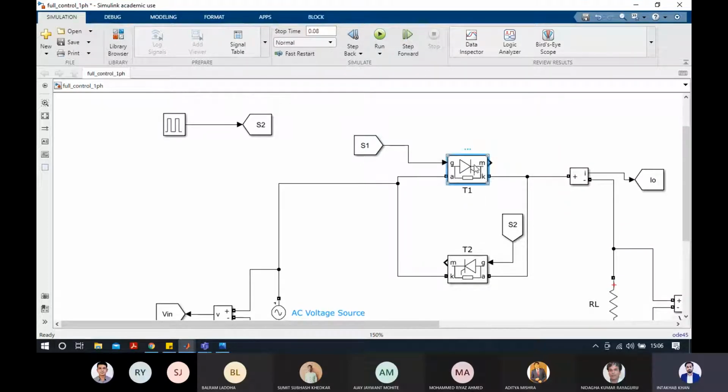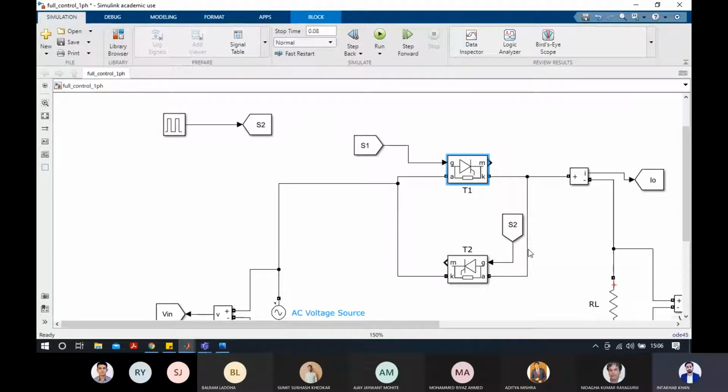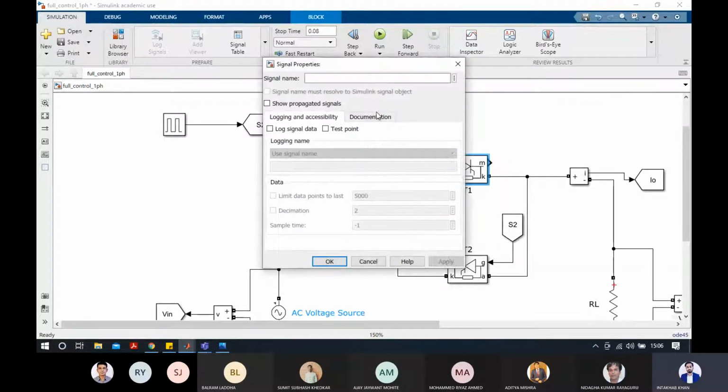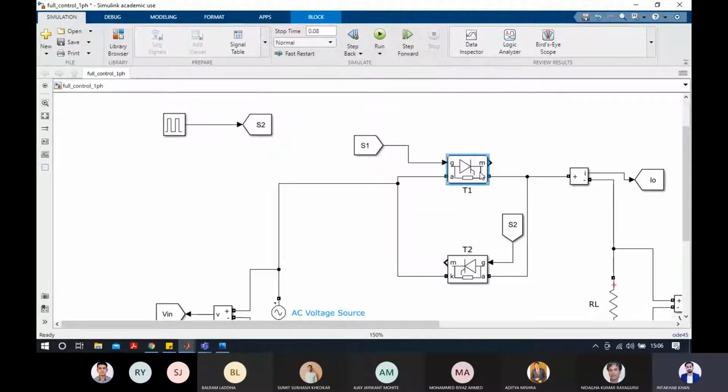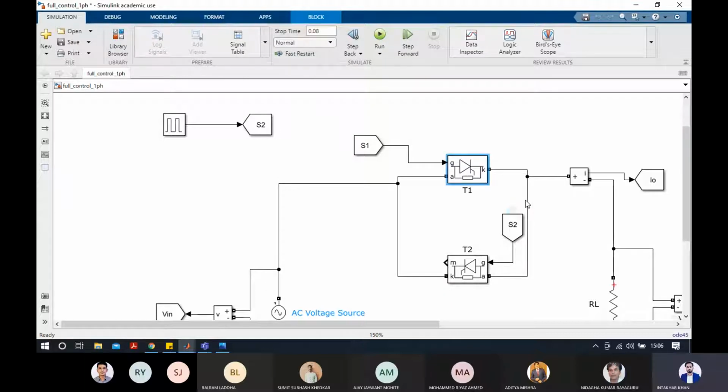We can remove this measurement port by right clicking it, going to signals and ports, then output signal properties, or else double clicking on it, and unchecking show measurement port. So the measurement port will be removed.